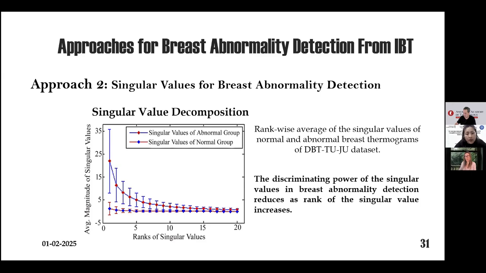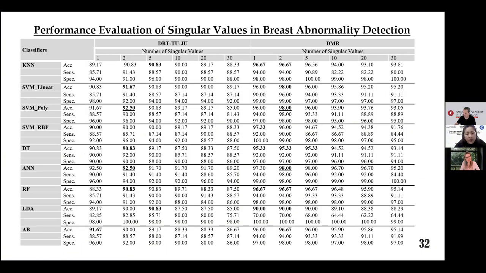To analyze that, I take the help of AI. I use artificial intelligence algorithms, 9 different machine learning algorithms like k-nearest neighbors, artificial neural network, random forest, AdaBoost, all those.